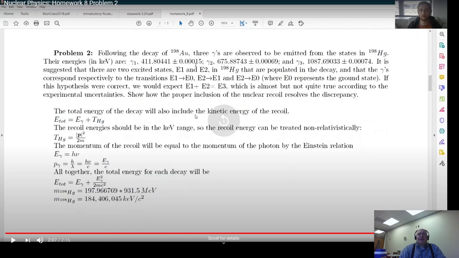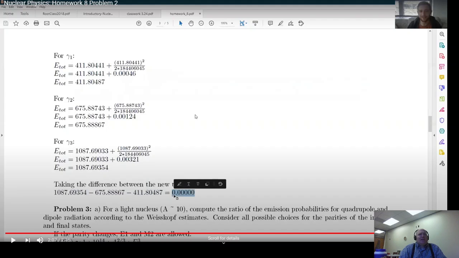Hang on a second. Total energy for gamma 3. Oh, I see. So what it's saying is that, look, this reaction has a photon going and a particle going like this. And all of their energy together must have come from that energy level spacing.